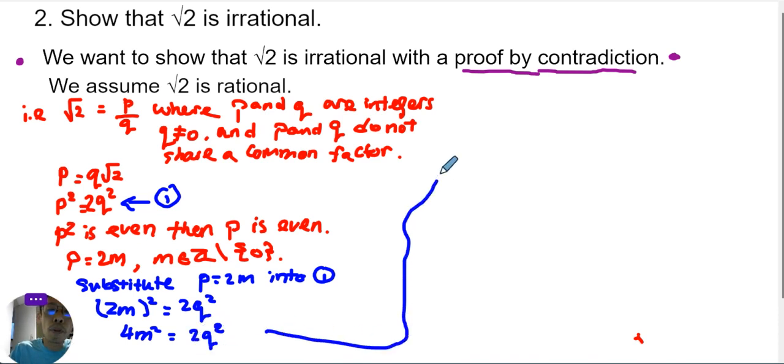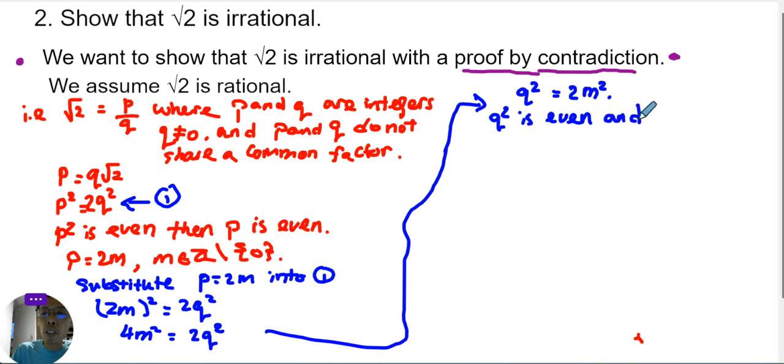Not enough space, so I'm going to move it up here. So q squared can be written as 2m squared, which means that q squared is again even, and q should also be even.